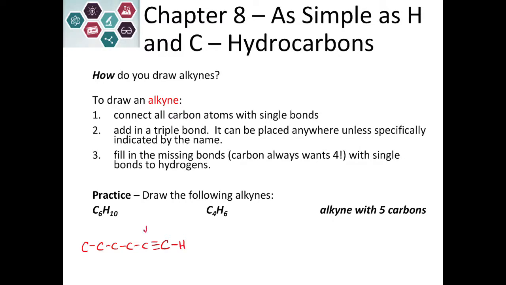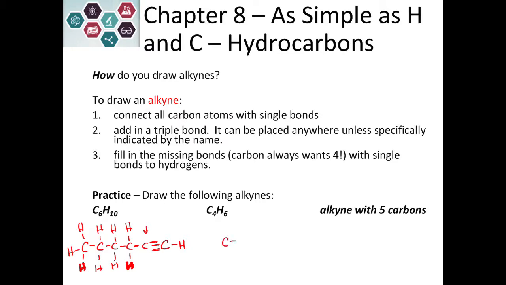If I look at this carbon, it already has 4 bonds, so it will have 0 hydrogens. The next 3, working right to left, all need 2 hydrogens. And then the one on the end will need 3. So again, the goal here is to give all carbon atoms 4 bonds.